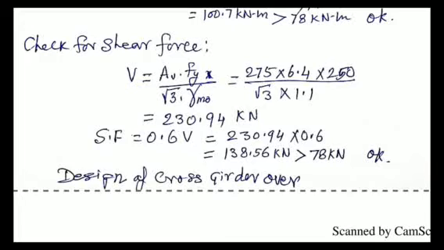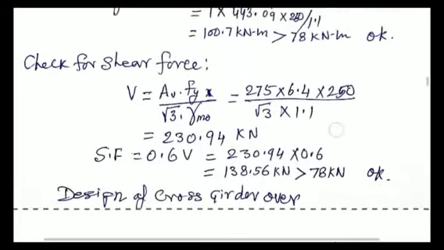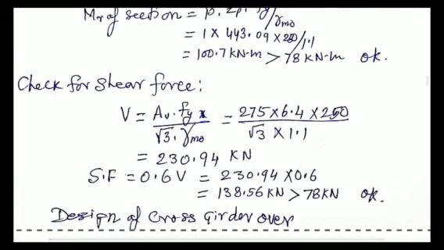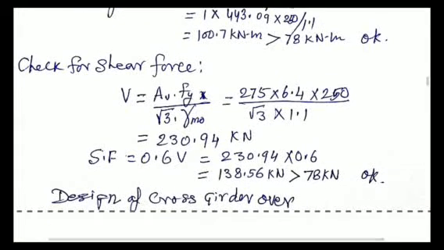The AV, sectional area of the girder, is 275 into thickness of the web, so it is 6.4 multiplied by 250, where 250 is the yield stress, divided by root 3 into 1.1 gamma mo. So it comes out to be 230.94.